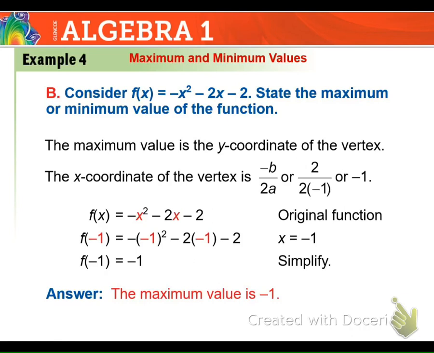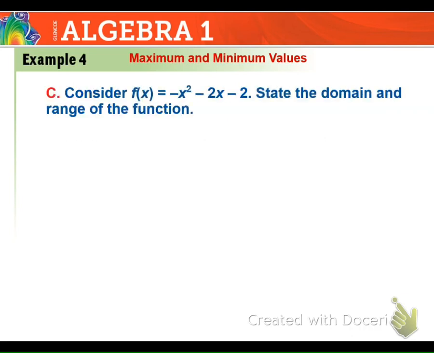I decided that this one was a maximum because on part A, we saw that because a was negative, it opens downward. Because it was down, I was going to have a max. I found the max by plugging in. Okay, so if I was going to ask you to state the domain and range of that function.